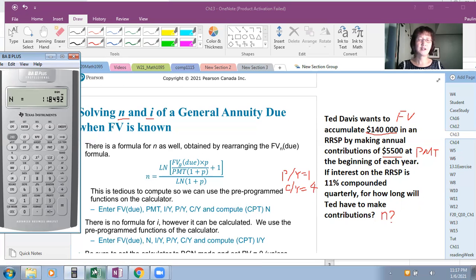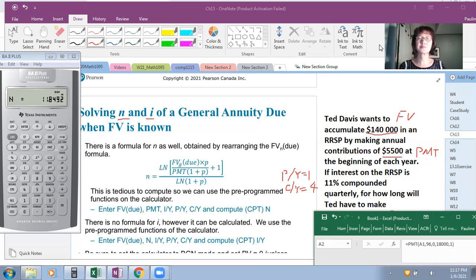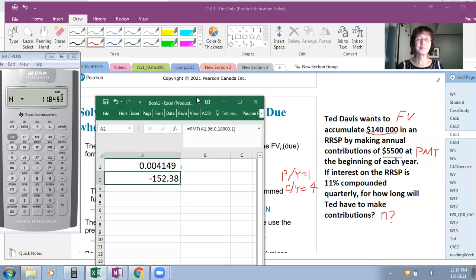And for Excel, to use Excel, you have to calculate the equivalent rate per payment period, P, first. Okay, I'll try to adjust my screen. You need to calculate P, the equivalent rate per payment period.